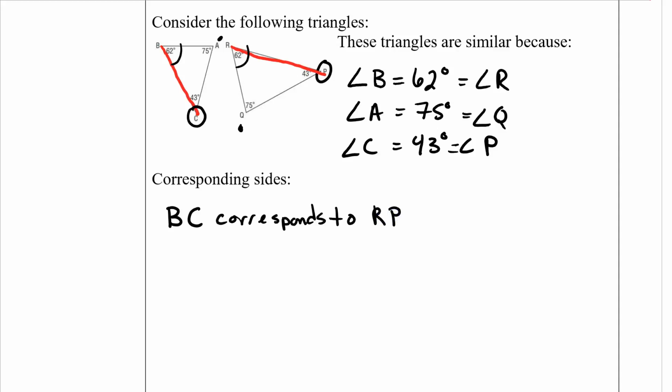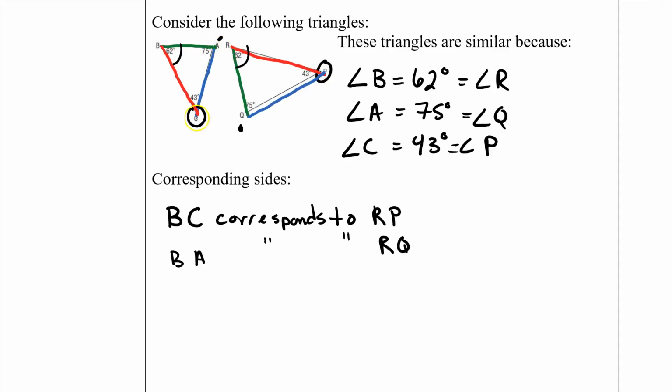And we would say that BA, 62 to 75, corresponds with RQ. So BA corresponds to, those are just ditto marks, to RQ. And last but not least, 75 to 43, so AC, 75 to 43, QP.